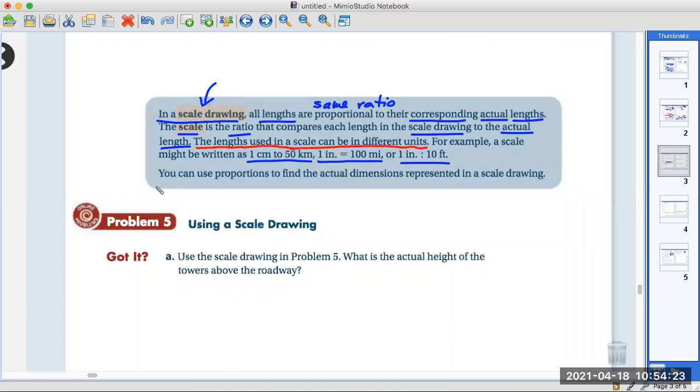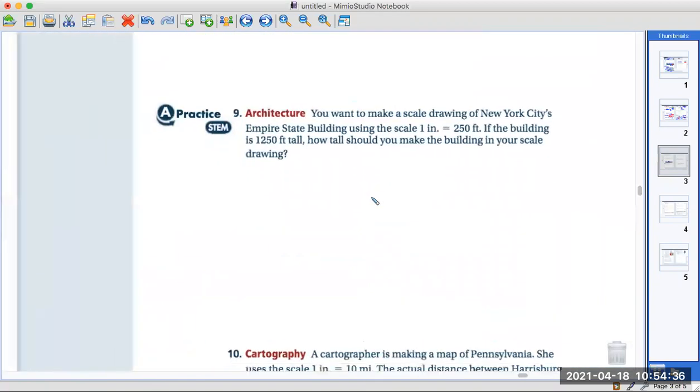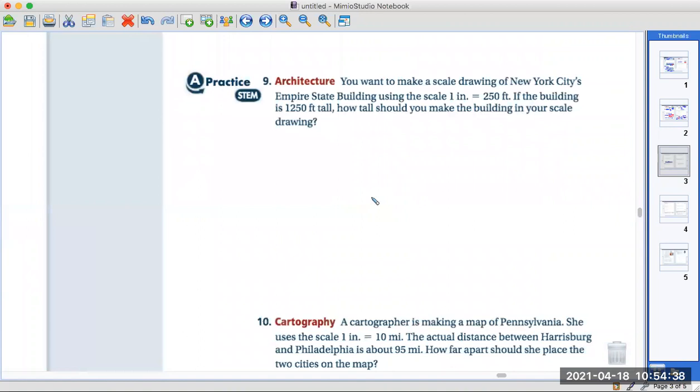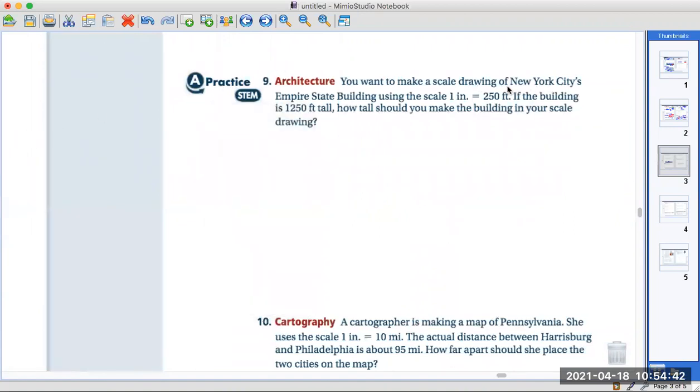You can use proportions to find the actual dimensions represented in a scale drawing, okay? And we're going to do that on the next page. It's in the middle of page 353, and I picked this one, architecture. You want to make a scale drawing of New York City's Empire State Building using the scale 1 inch is equal to 250 feet.